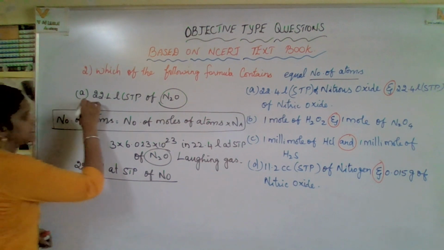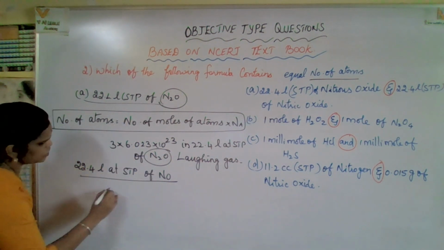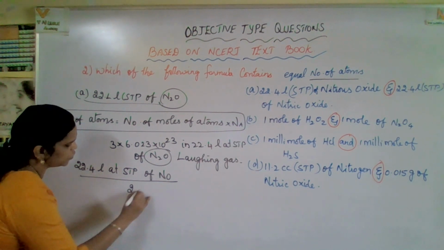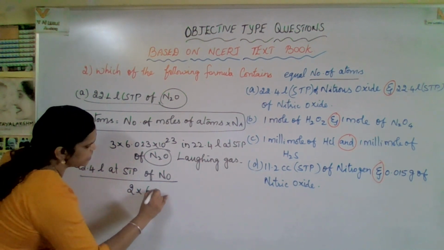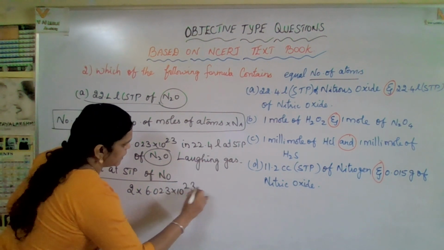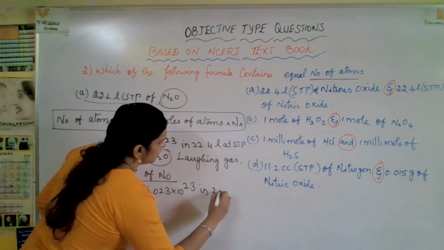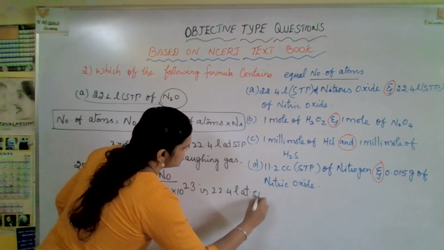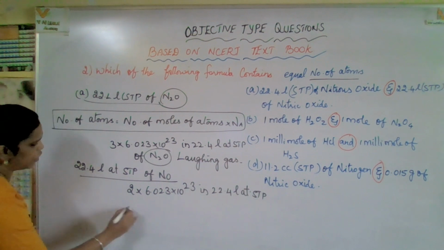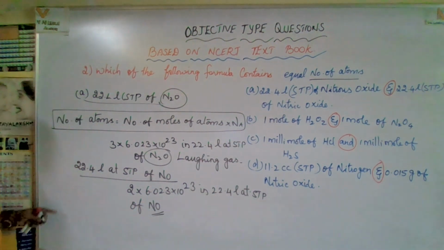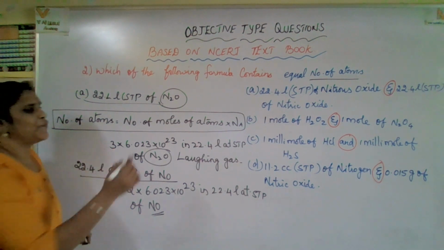So nitric oxide, this is nitrous oxide. How many atoms are present here? 2 atoms are present. So 2 × 6.023 × 10^23 in 22.4 liters at STP of nitric oxide. Hope you got a clear idea of how to find this.